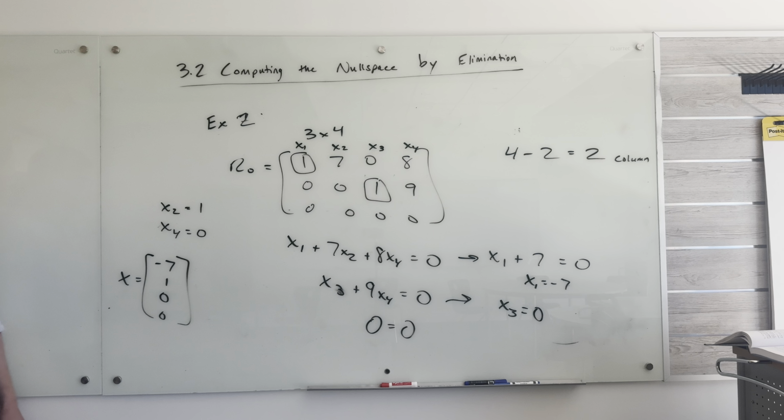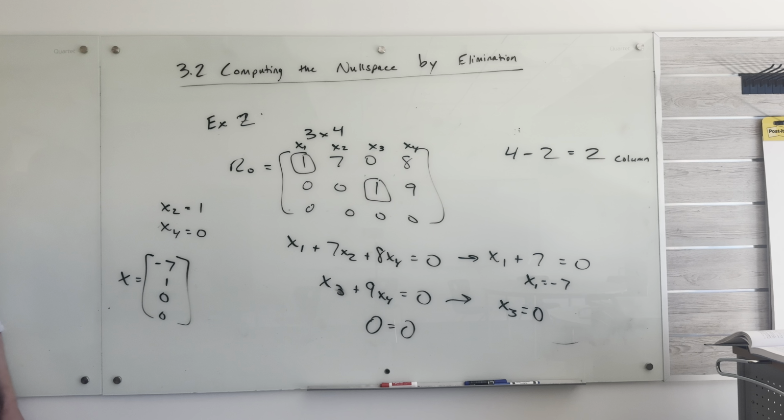We do this again for x4. Again, the way that we can do that is simply by letting x4 now be 1. We let my other free parameters be 0. When I do that, I get x1 plus 0 plus 8. So again, notice how this is just changing and becoming the opposite. My second equation, x3 is still here, x4 is now 1. So you get x3 plus 9 is equal to 0.